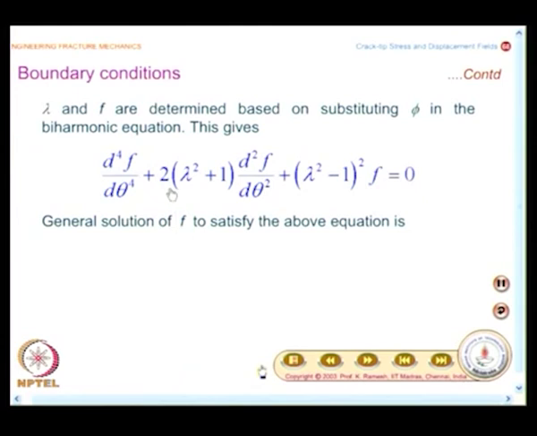When I want to see that phi is a valid candidate for stress function, it has to satisfy the biharmonic equation, and this biharmonic equation in terms of the stress function that we have taken turns out to be d power 4 f by d theta power 4 plus 2 times lambda squared plus 1 d squared f by d theta squared plus lambda squared minus 1 whole squared f equal to 0.